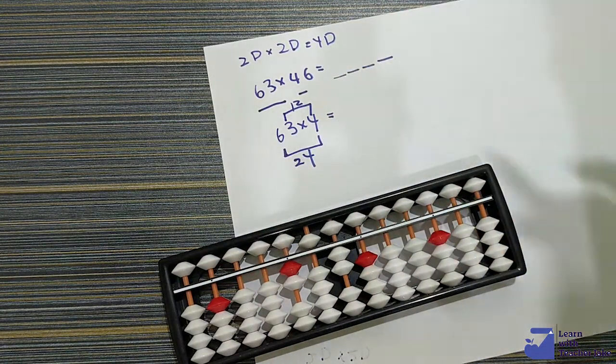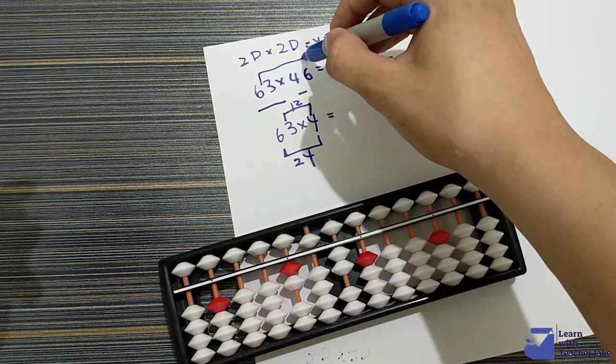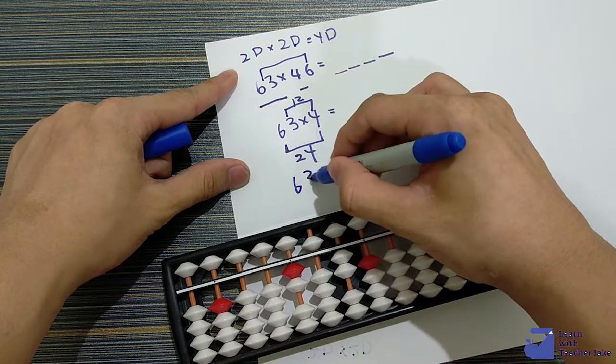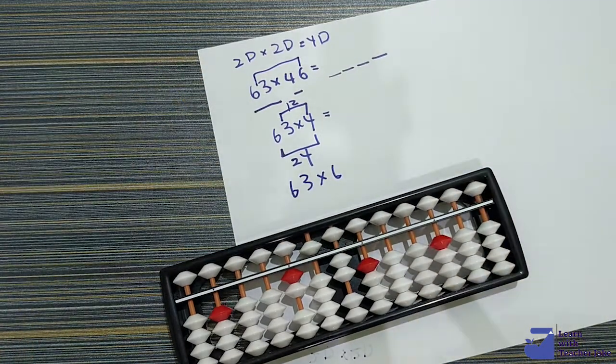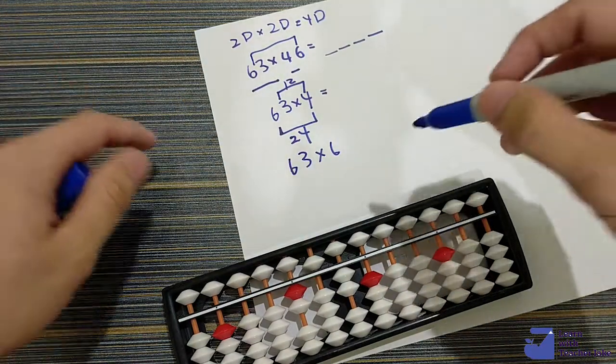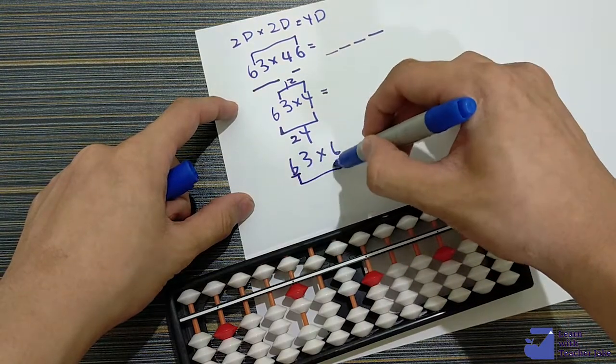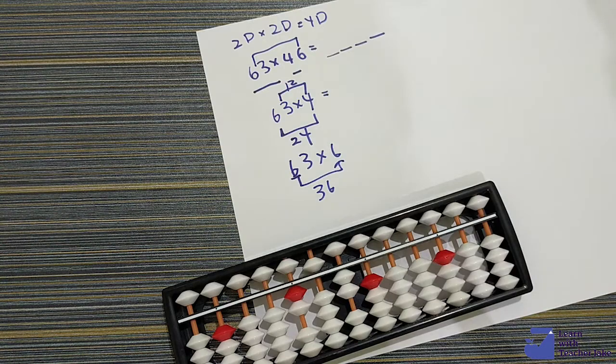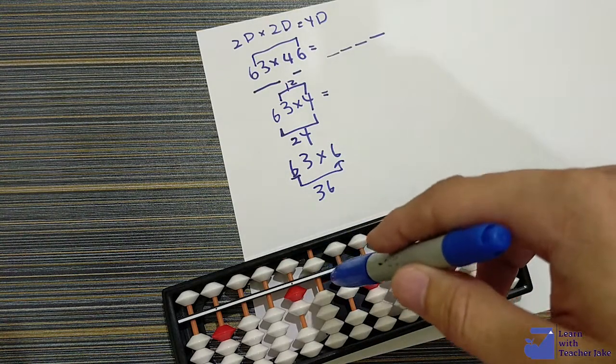Now we are going to look at 64 multiplied by 6. As usual, we are going to look at the multiples of 6 and 6, which is 36. So now we are going to place 36 starting from the 100 column.